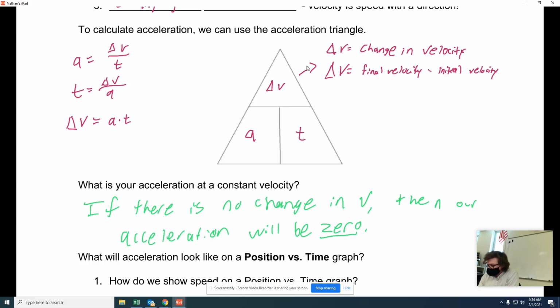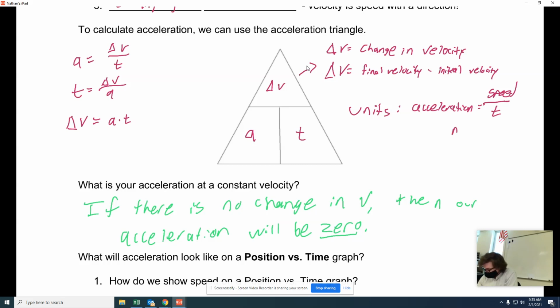The last thing I want us to talk about up here with acceleration are the units for acceleration. Remember, when we're calculating acceleration, it is always a change in speed over a change in time.